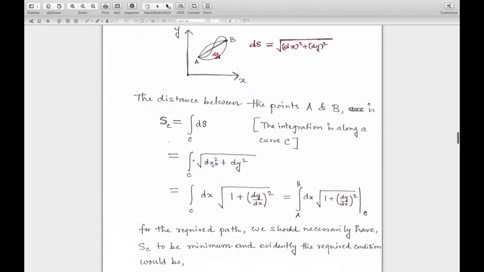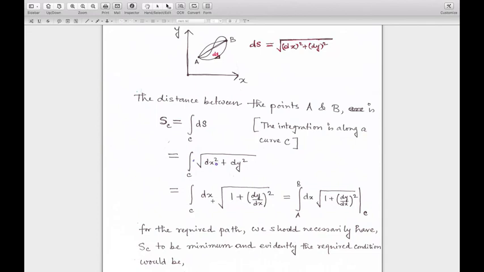Right? So we can expand this ds as root over dx square plus dy square along C, and then we take dx out of the root, and we can write this as integral of root over 1 plus (dy/dx) whole square times dx.